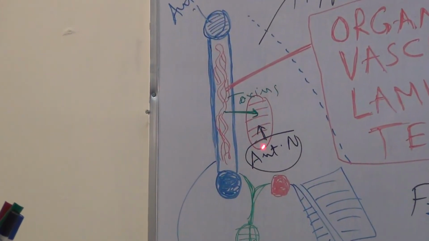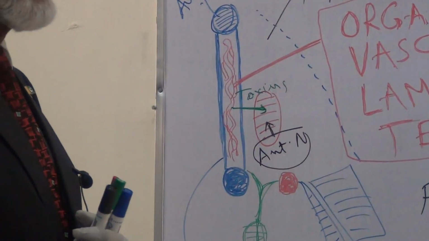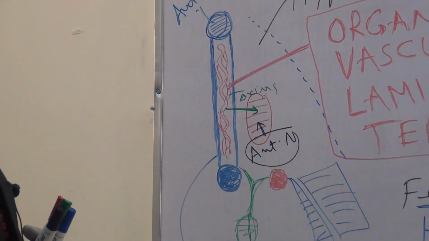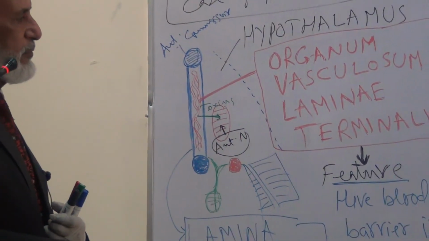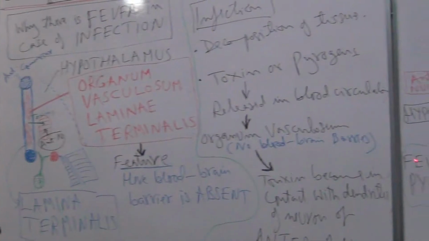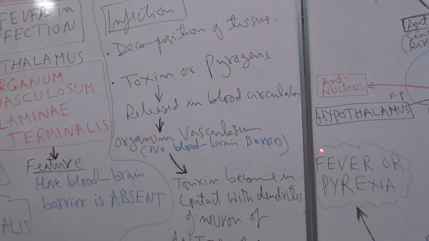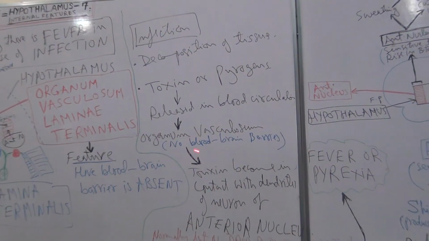Therefore, the anterior nucleus becomes ineffective to drop the body temperature. As a result, the posterior nucleus is activated, and as the posterior nucleus raises the body temperature, it will result in fever. So this is the reason for fever in case of infection.